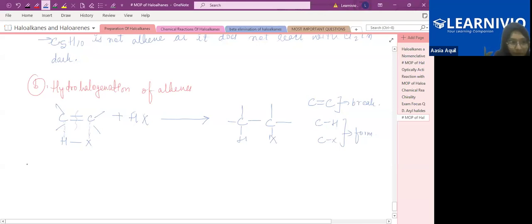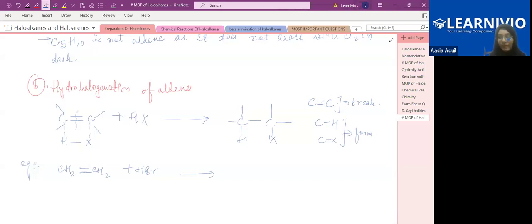For example, suppose we take CH2=CH2 plus HBr. Observe it carefully. This is ethene, right? The group on the right and the group on the left of the double bond are both the same, so this alkene is a symmetrical alkene.